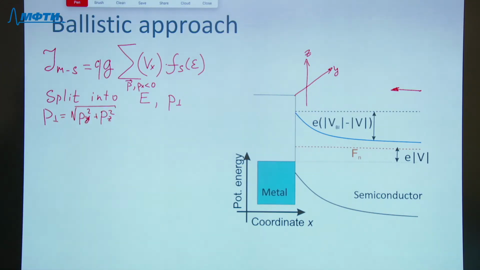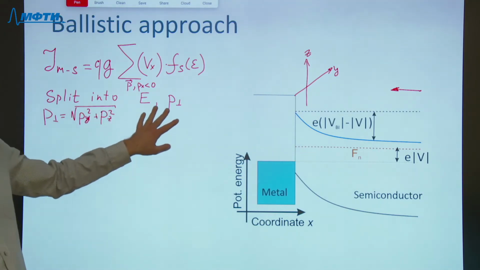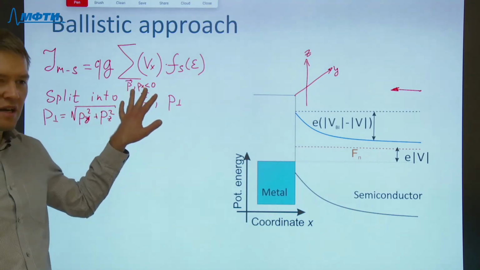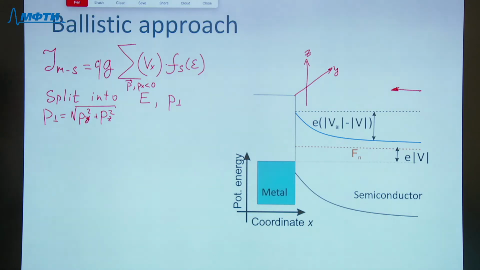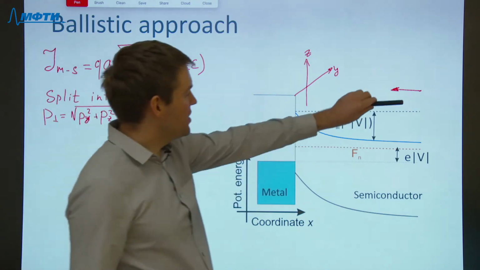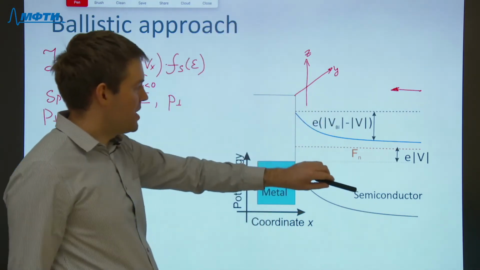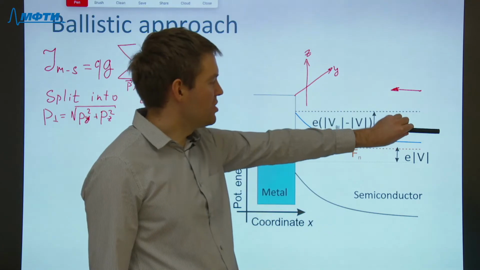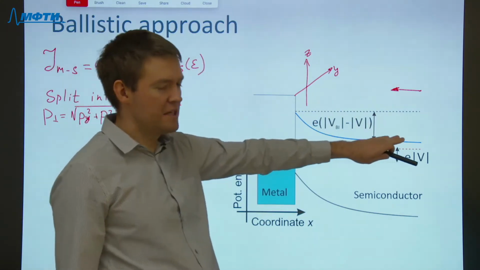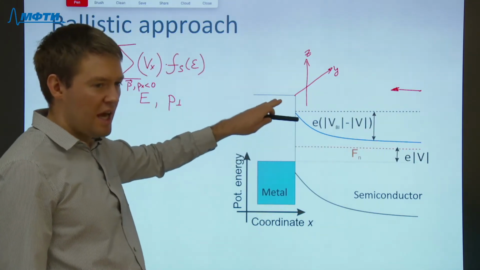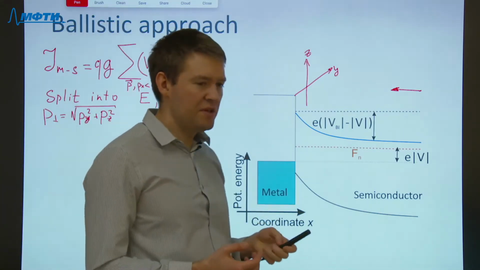The reasoning for these variables to be convenient is that these quantities are conserved when the particle is moving in the complex landscape, because its direction over the x coordinate is affected by the electric potential, and the x component of momentum is changing.